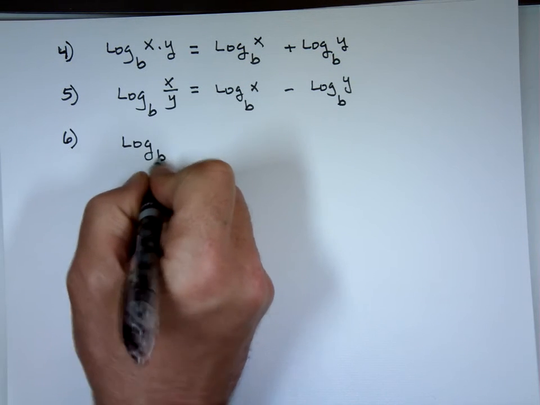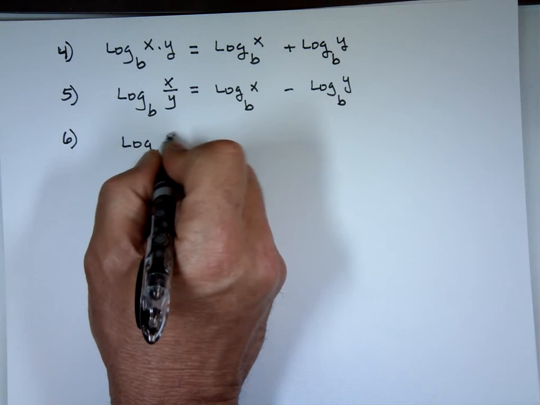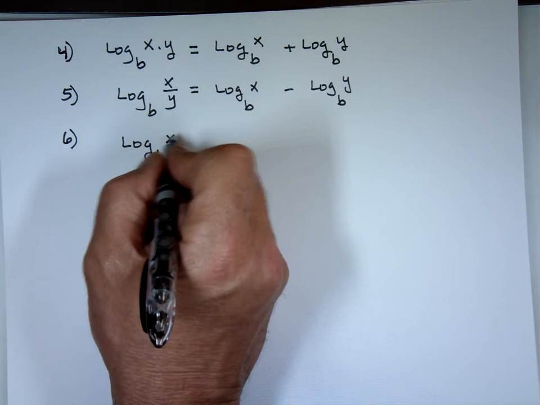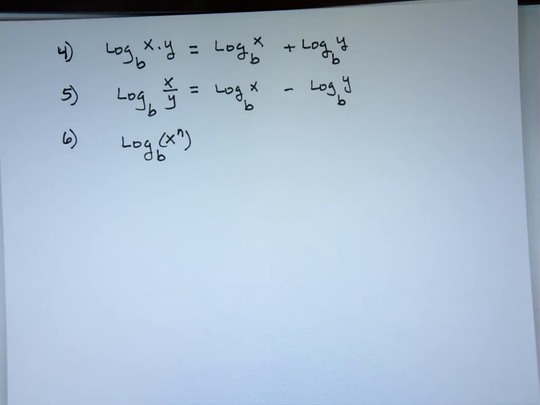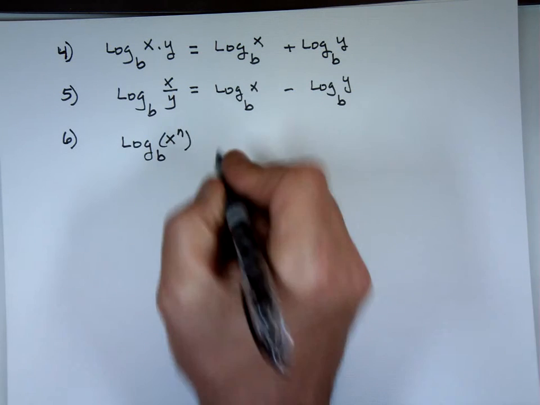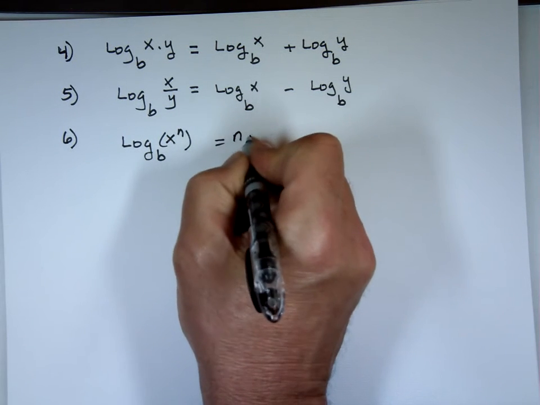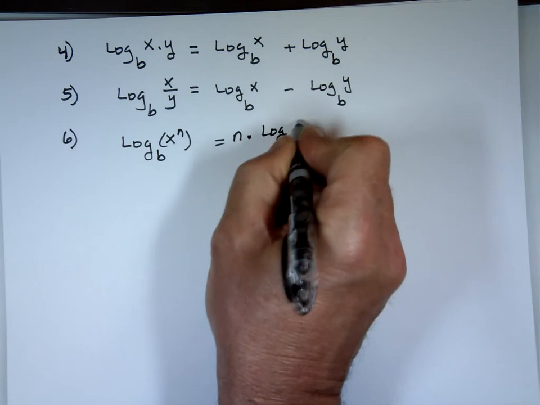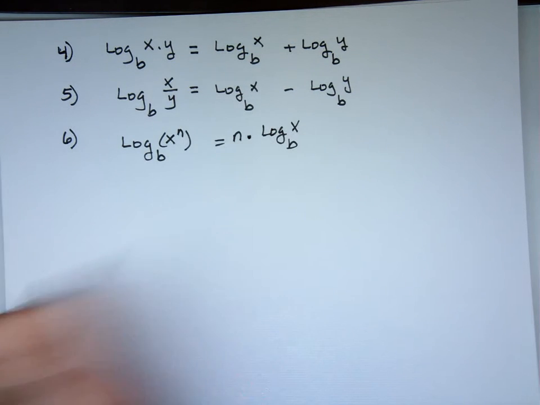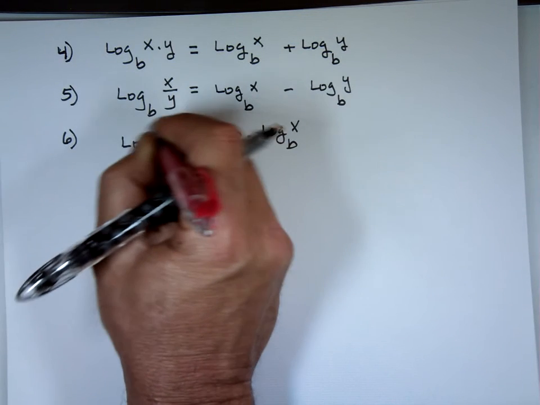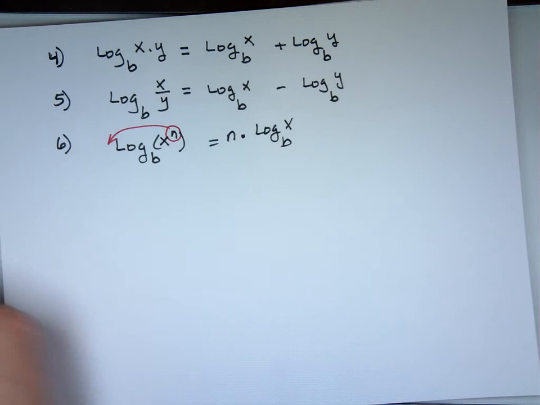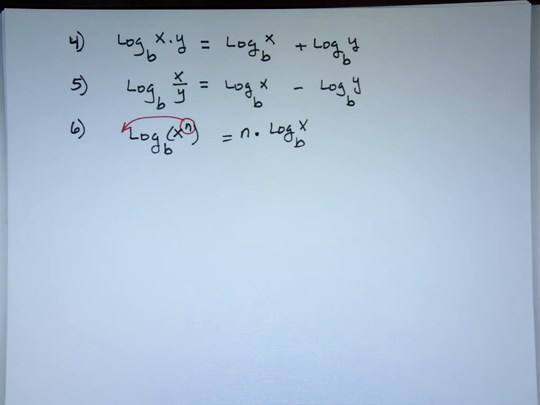Multiply. It says if you have power here, you can take the power to the front. Log x base b. I don't know why I use parentheses. I don't need the parentheses, but that's okay. So I can take my power and move it to the front if I want to. And these are the 6 properties of the log.